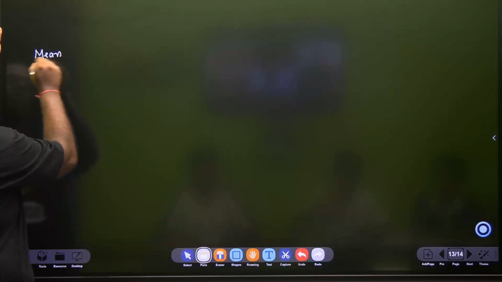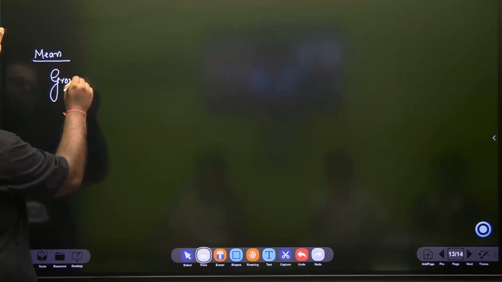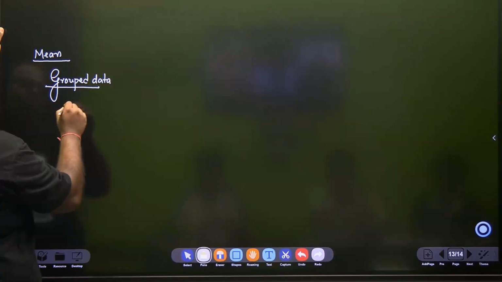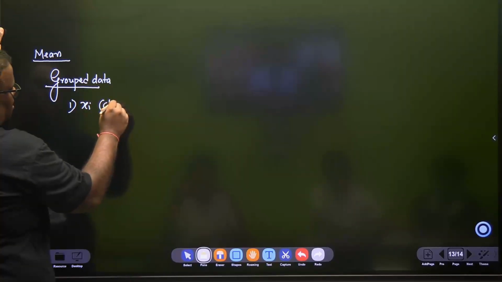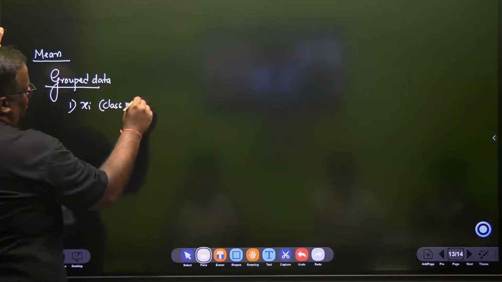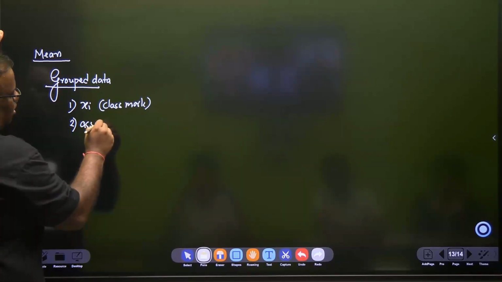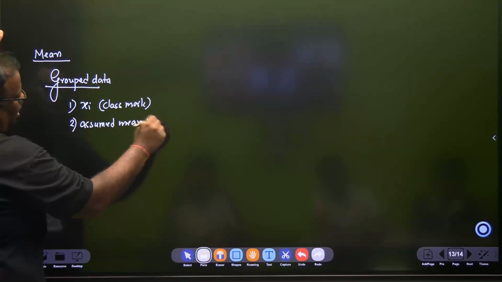When you calculate mean and your data is grouped, आपको group data दिया हुआ है, so your step should be, first you should find out xi. What is xi? Xi is class mark. After you have found xi, you should take your assumed mean. Assumed mean is a.